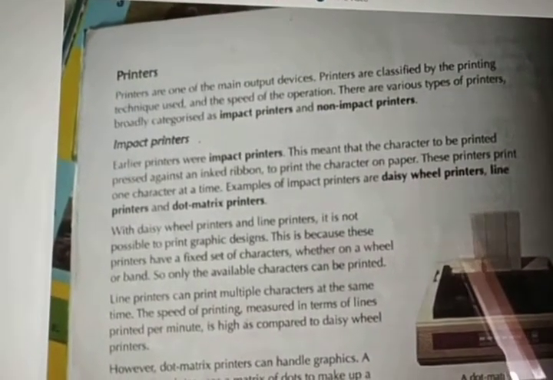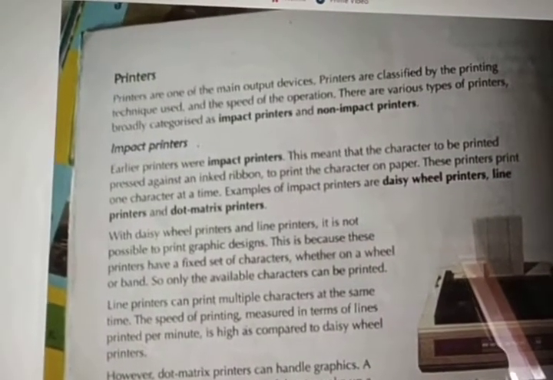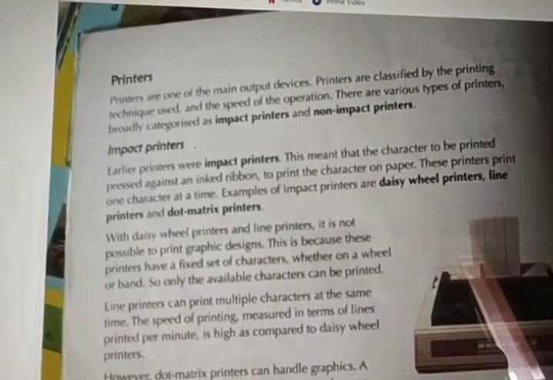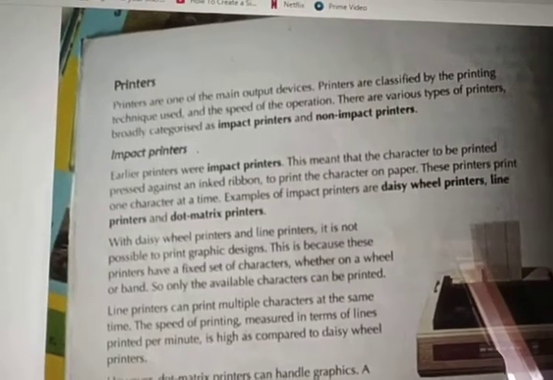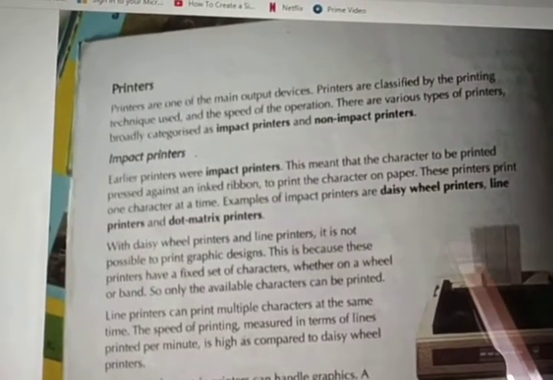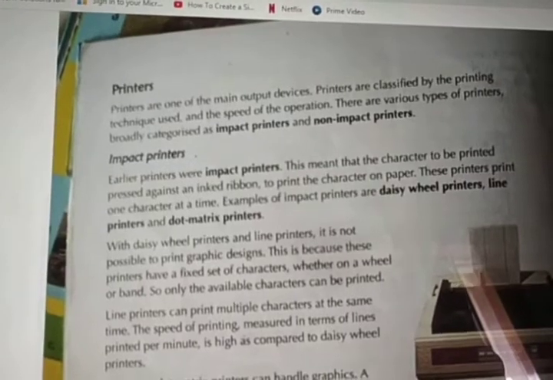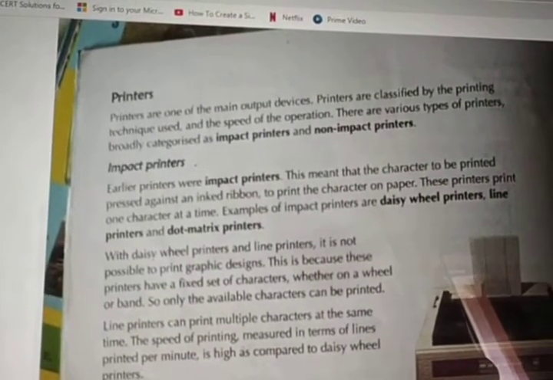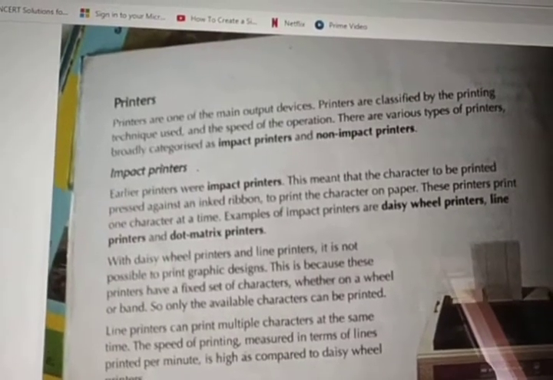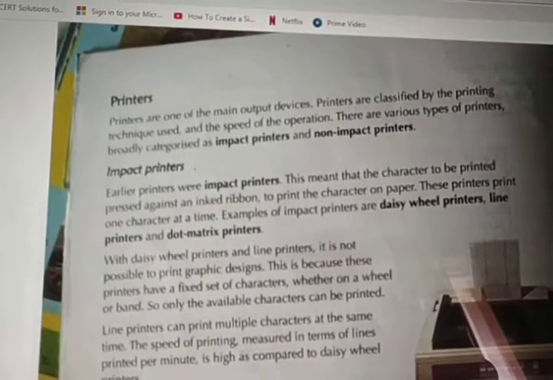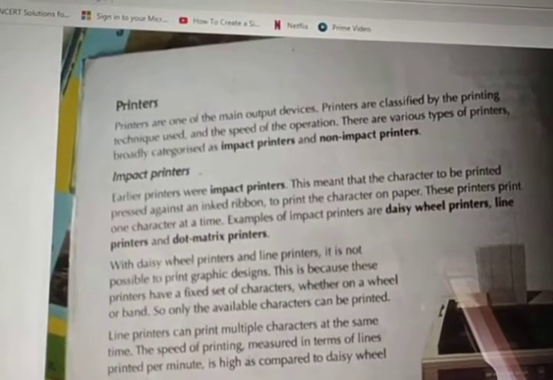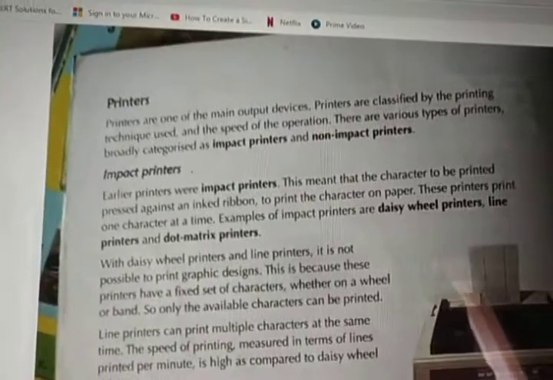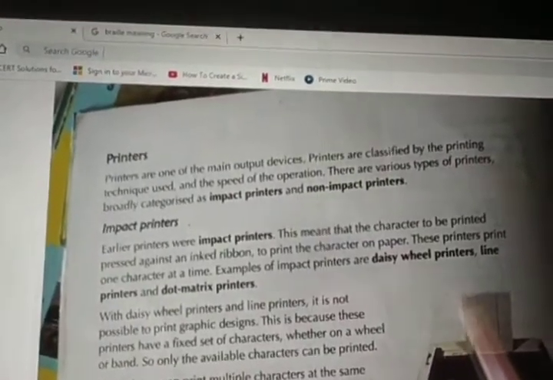Printers are classified by printing technique and also by speed of operation. Printers are classified into two types: impact printers and non-impact printers.